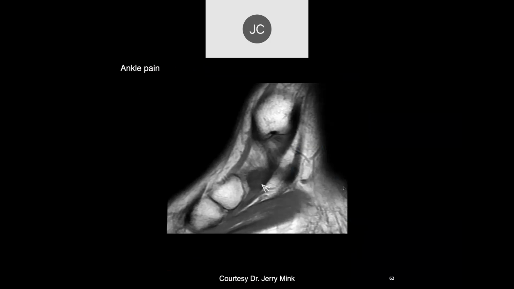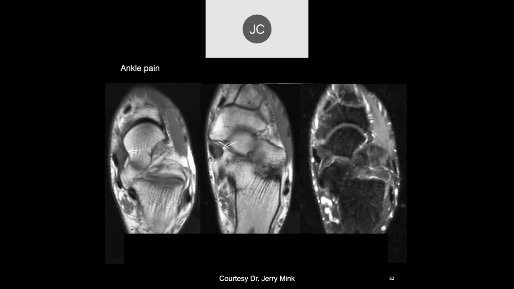As we'll talk about, it's a very important stabilizer of the ankle. And here we can see a case where the posterior tibialis is coming down here. It looks like there's kind of a mass here, the distal part, often with a little gray signal intensity, very near the attachment to the medial navicular bone.